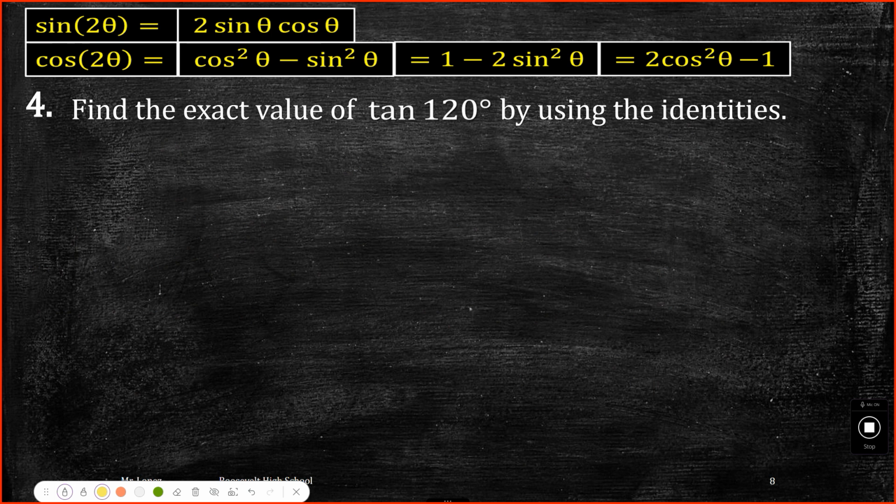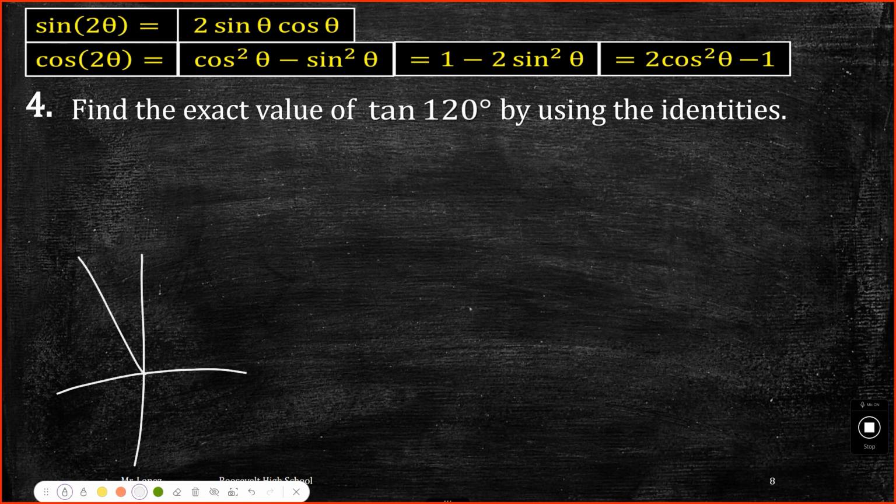Find the exact value of tangent 120 by using identities. The way we started trigonometry was by doing that, tangent 120. I'm just giving you a review of something else that we did. We have to get to 120. This is 90, so I have to go another 30.